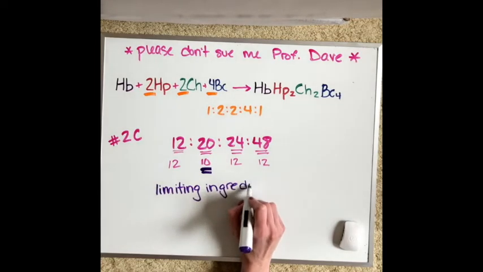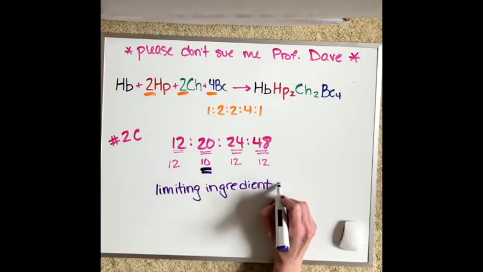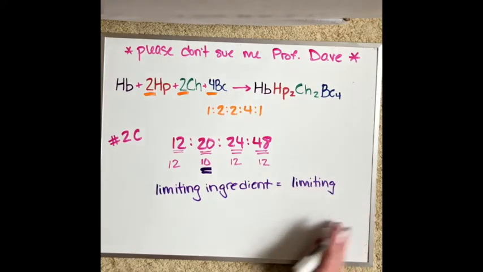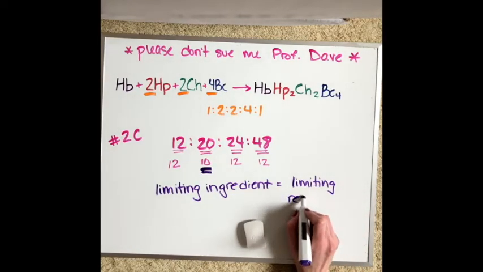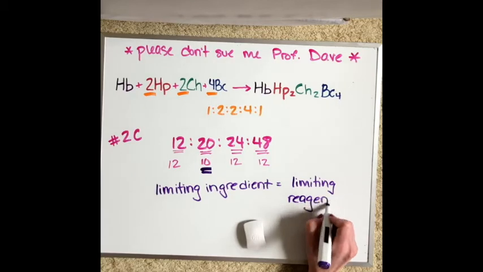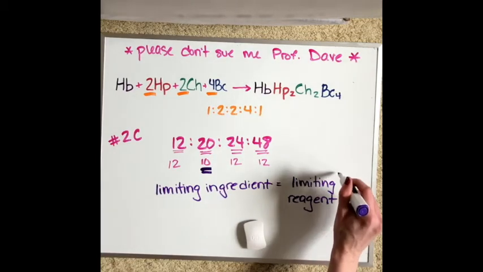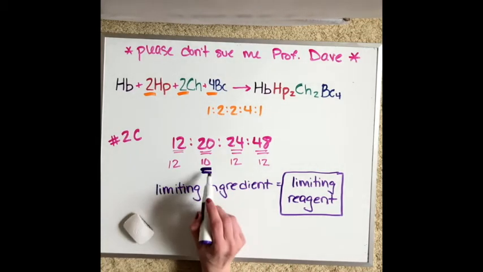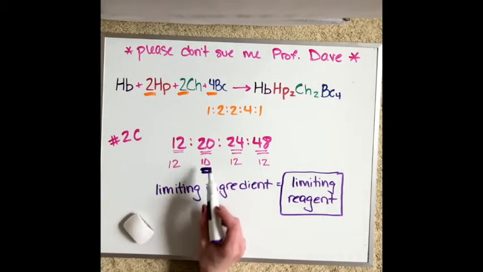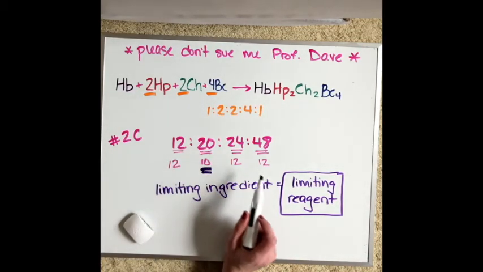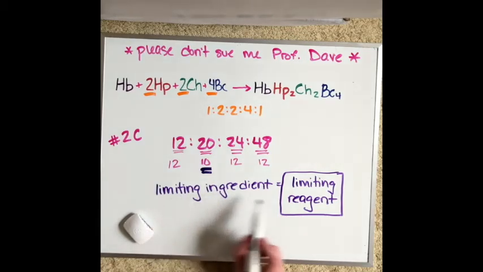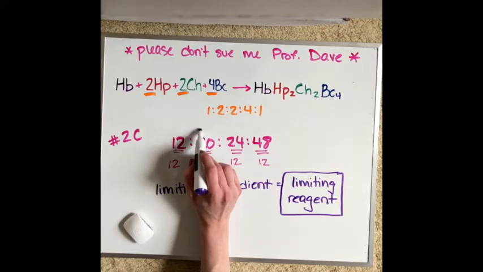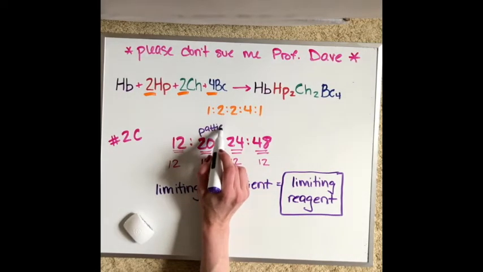In chemistry, we would call that the limiting reagent. So when the time comes, I'm gonna have you take this hamburger knowledge and apply it to the actual chemistry. It's whatever thing you run out of first and limits the amount of product you could make is your limiting reagent. In this case, it's our hamburger patties.